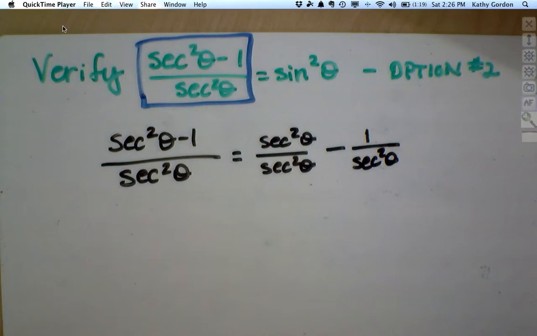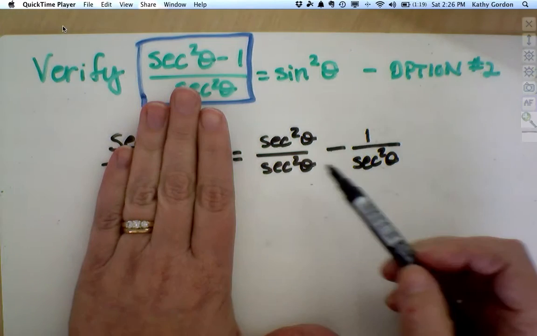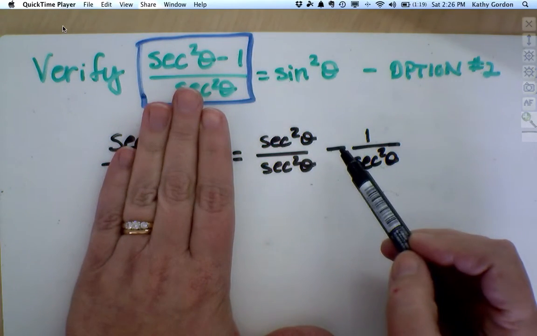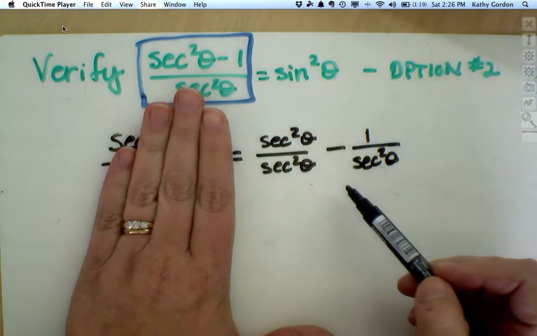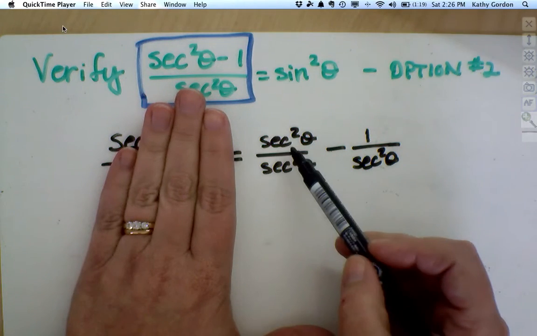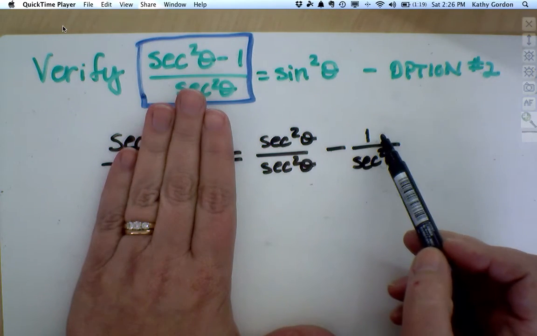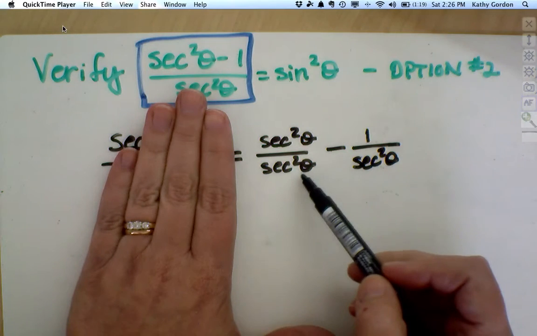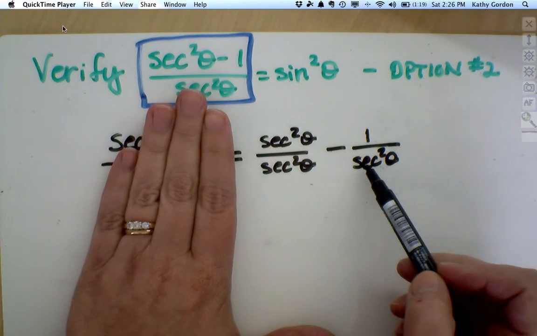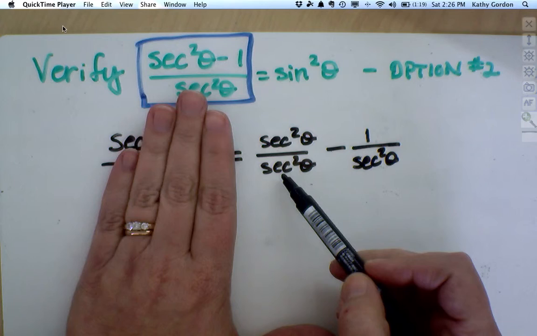Now, if that seems a little strange to you at the moment, think about what would happen if I had this and asked you to combine it. We would take the secant squared minus the 1, because I already have a common denominator, and then I would keep that as the denominator.